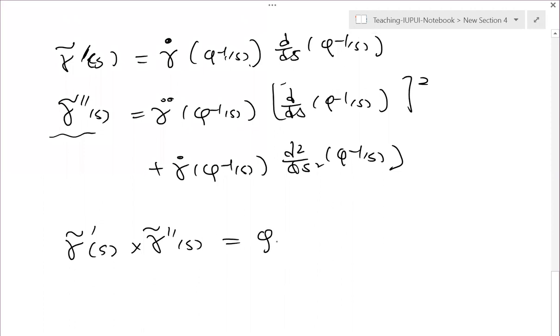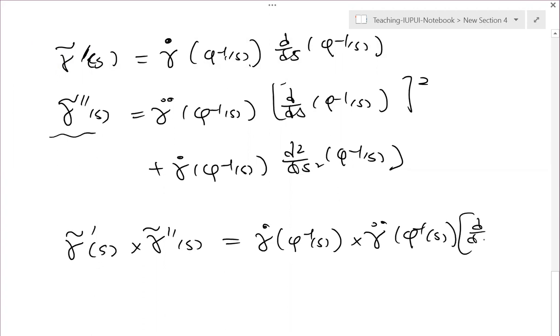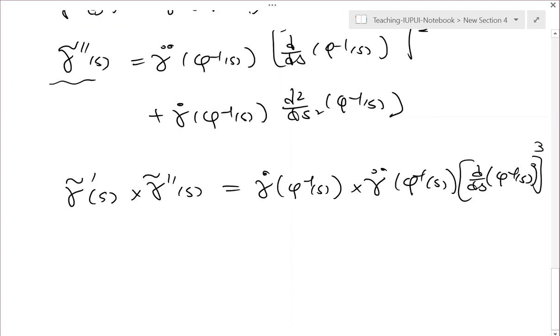So you only get gamma dot, and this will be ds cubed.